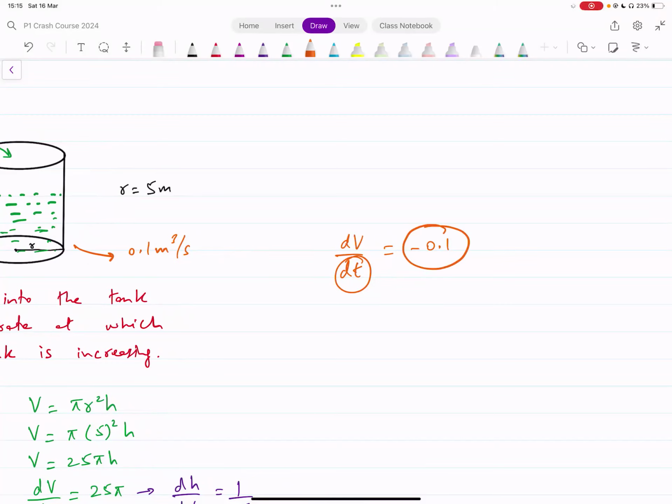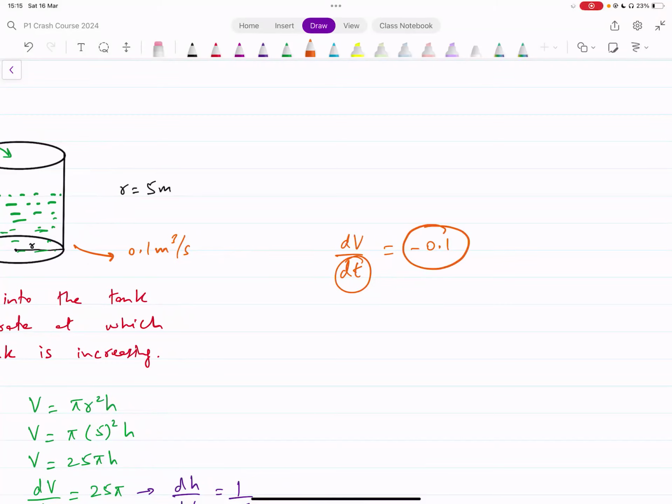Sir, so in this case, we have already found dV over dt. Yes, that's given. They've given that water is leaking out of the container at 0.1. Okay. All right.